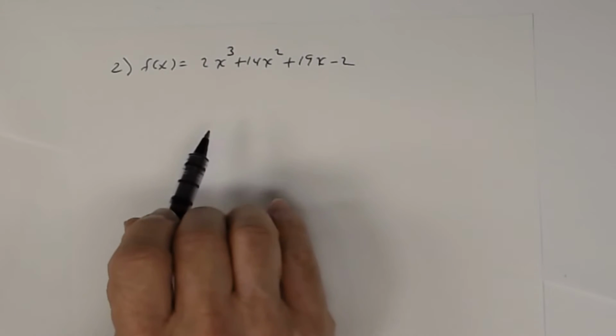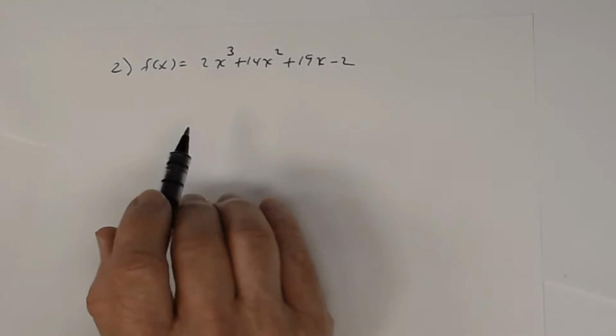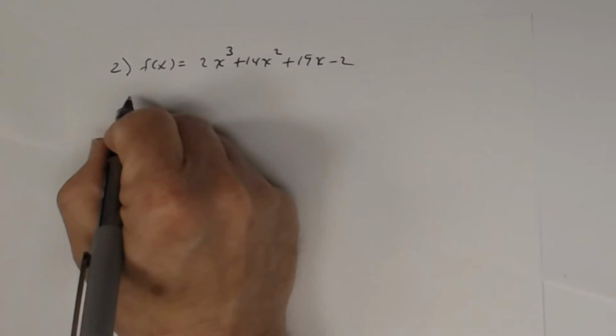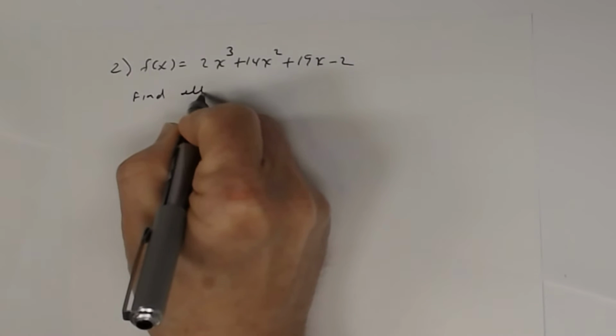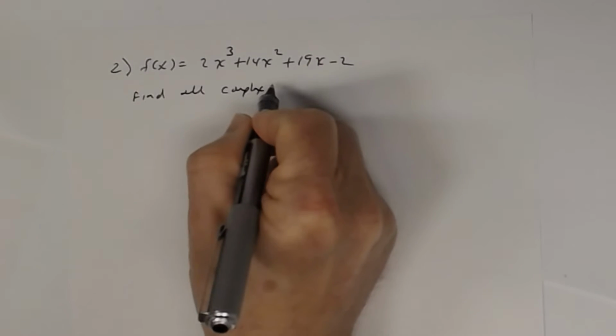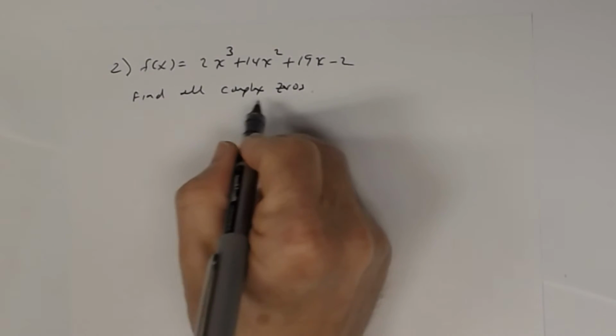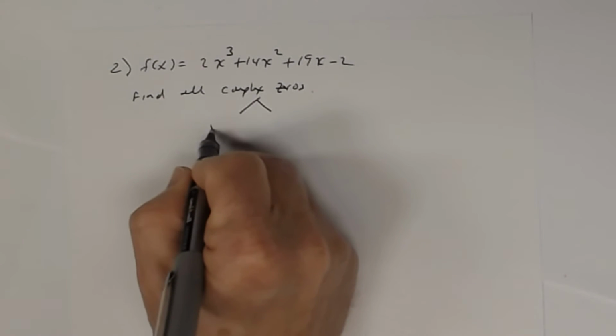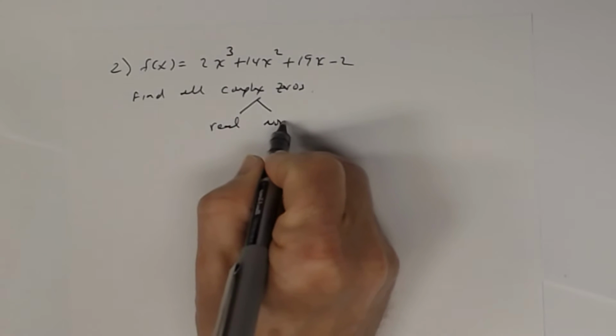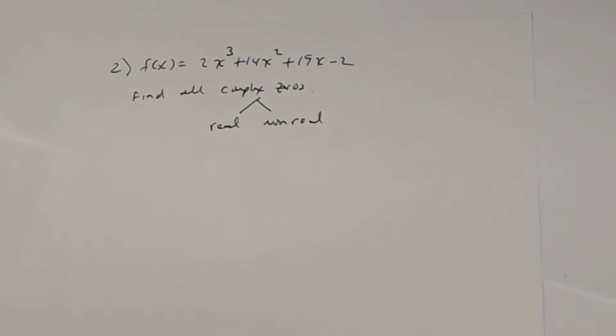Sometimes the directions will say, instead of finding all zeros, something like this: find all complex zeros. What we mean by complex zeros is both real and non-real. So that's what that means, real and non-real.